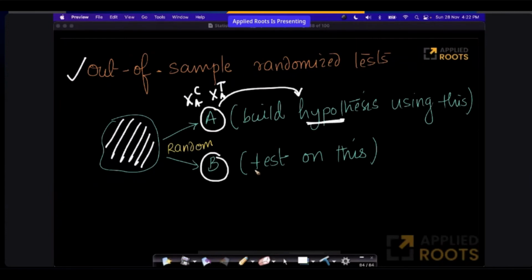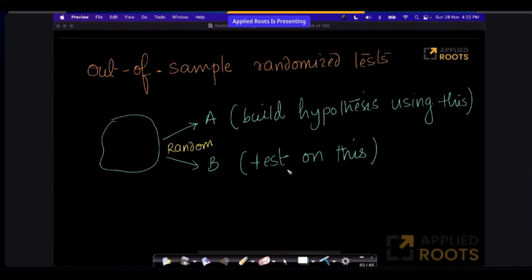Then they say, whatever conclusion you got, whatever hypothesis you have tested here, it should also hold on B. You have not seen B till now, remember. You took the total data, you broke it up into two parts. Whatever hypothesis or conclusion you came to here, the same conclusion with similar statistical behavior should be observed on the test data also.